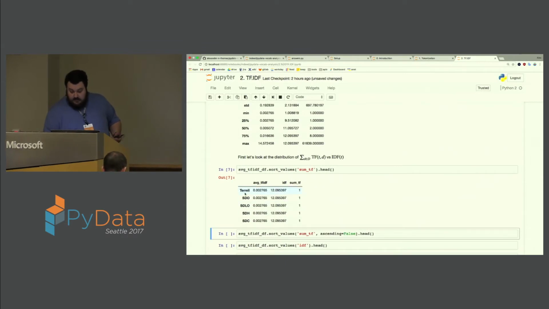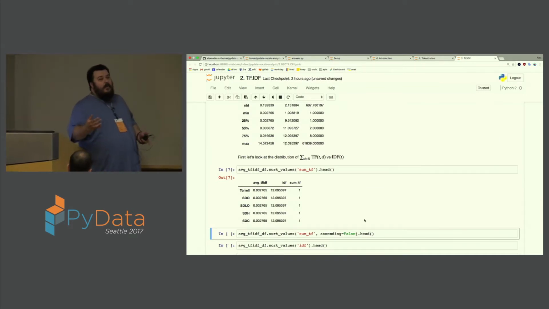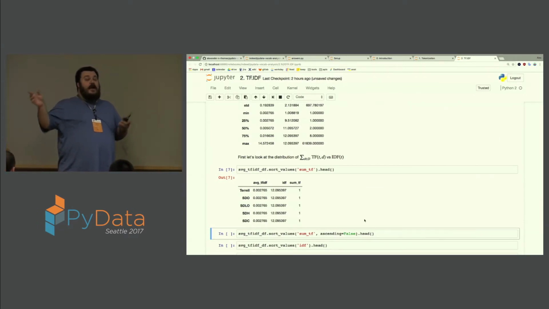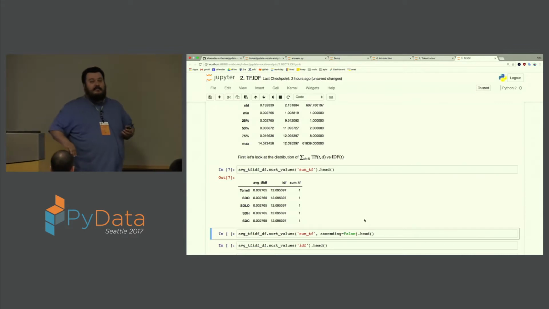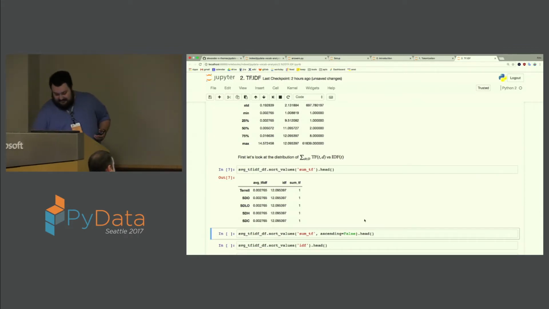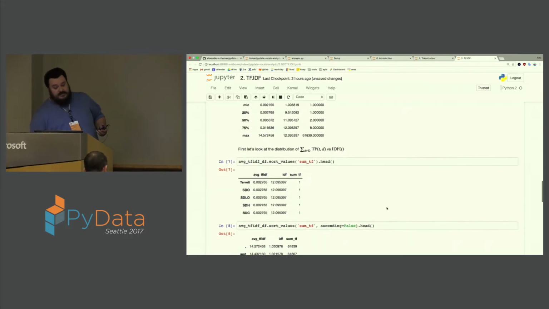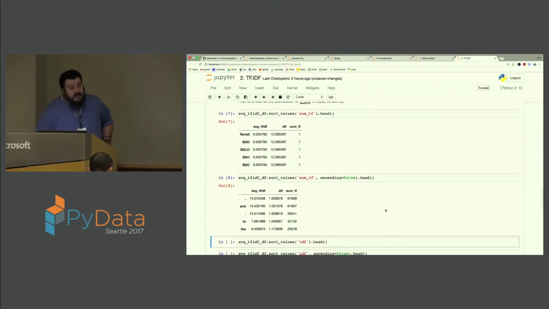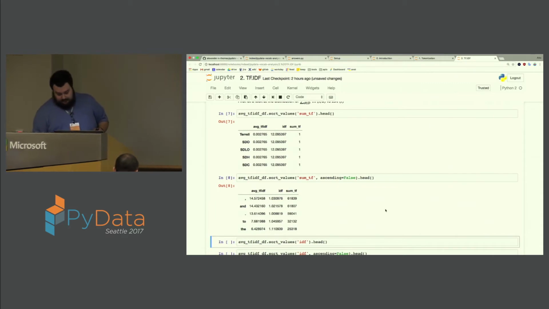Teral, SDO has some abbreviations here. Okay, so what words do we expect to be at the other side of this? Yep. And remember, this is just the tokenization, so comma and period are there because we haven't done any normalization yet.